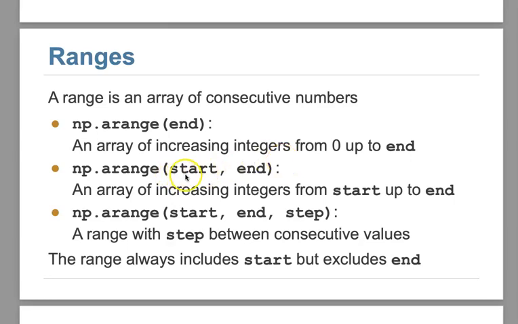With 2 parameters, you have the start value and the end value, and the same thing, it creates integers. With 3 parameters, you have the start and the end, then the step, or the increment, which can be a float number. So you can create not only an integer array, the whole number array, but also a float array. Always remember the range always includes the start but excludes the end.